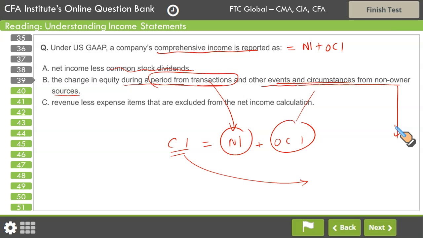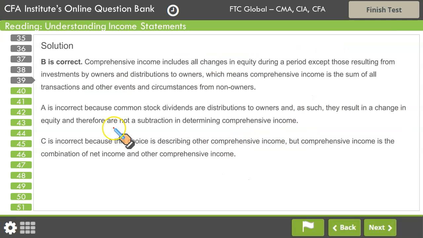Transactions with the shareholders are new share issues, stock repurchases called treasury stock, any dividends, stock dividends, maybe property dividends, and so on and so forth. So that makes B the correct option.